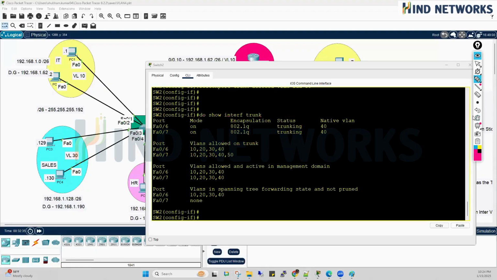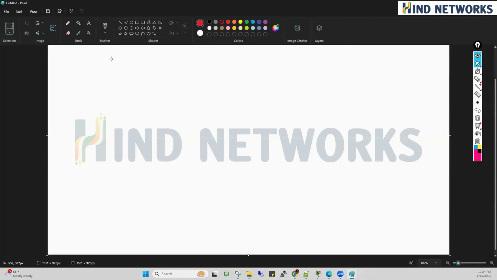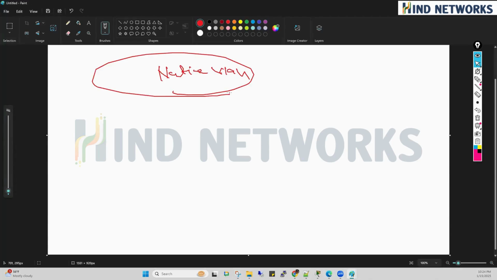Native VLAN. Now again we need to understand what you mean by native VLAN. What do you mean by native VLAN? Try to understand. In networking, there is a concept of native VLAN, guys. What is the use of native VLAN? For example, this is the switch and that is switch number 2.